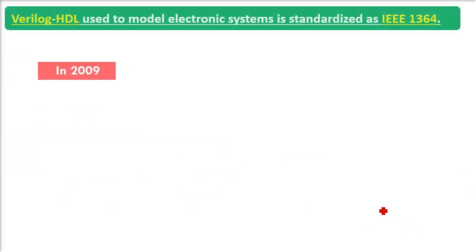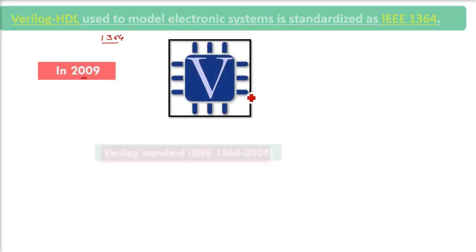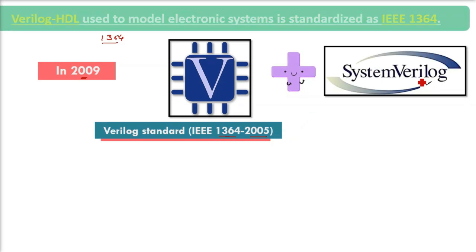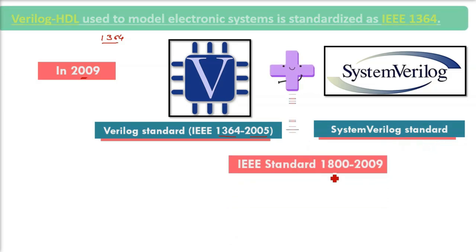Verilog, a HDL used to model electronic systems, is standardized as IEEE 1364. In 2009, the Verilog standard IEEE 1364/2005 was merged into the SystemVerilog standard, creating IEEE standard 1800/2009.